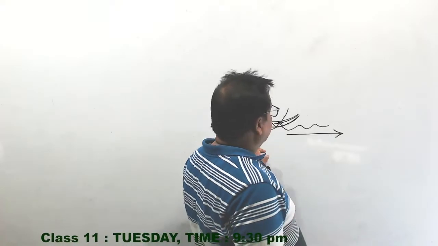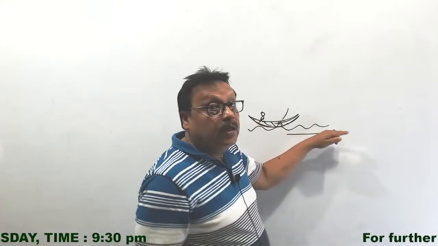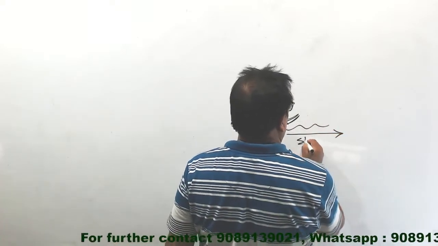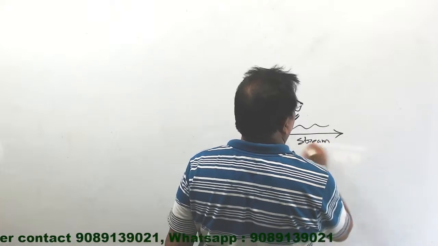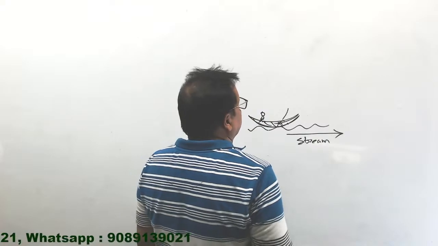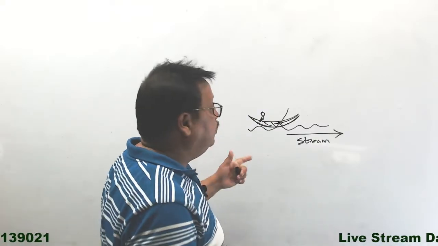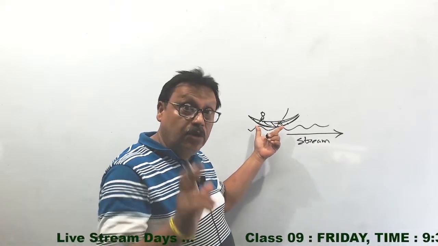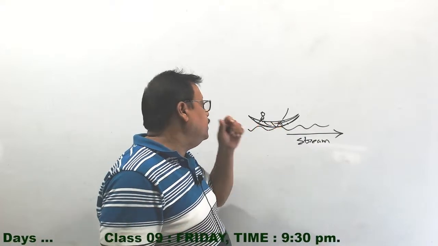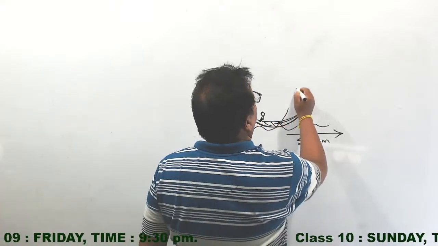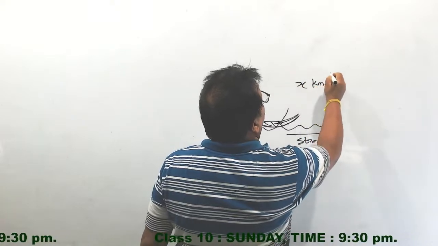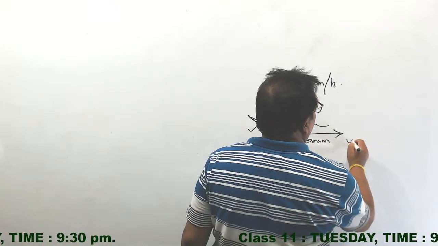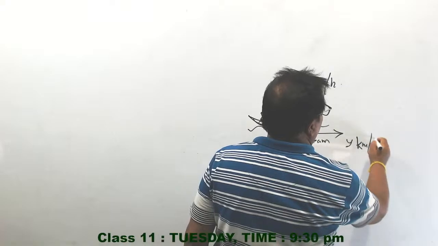Now, this is the direction of the stream of the river. And in still water, consider the speed of the boat in still water to be x kilometer per hour, and the stream of the river to be y kilometer per hour.